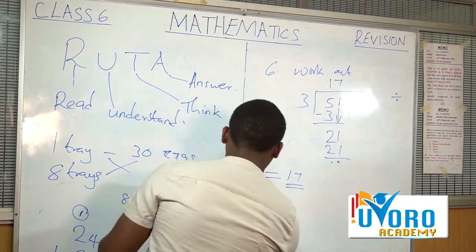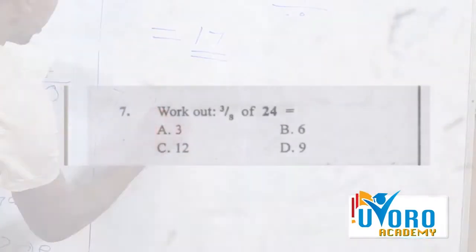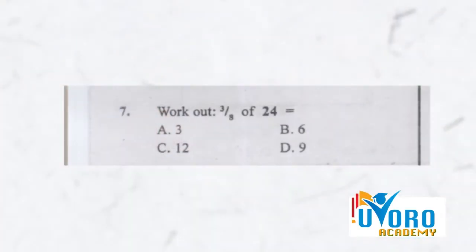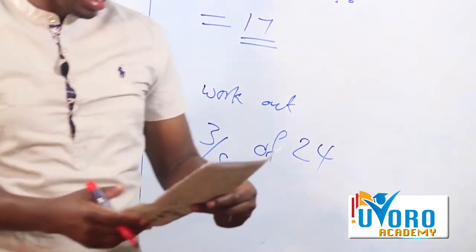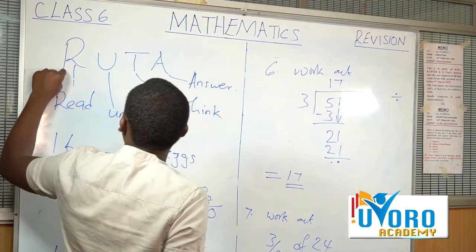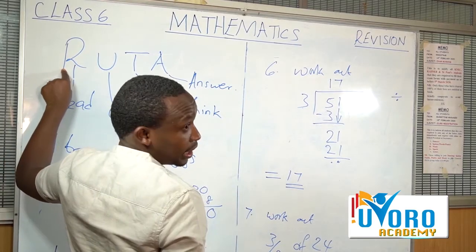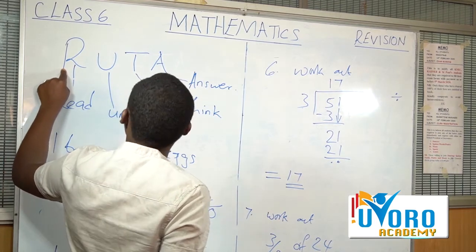Number 7. We are told to work out 3/8 of 24. Before we continue, remember our rule, that is router. The first one is read.